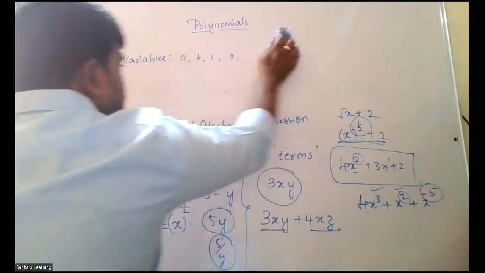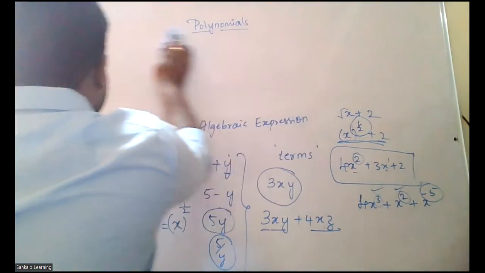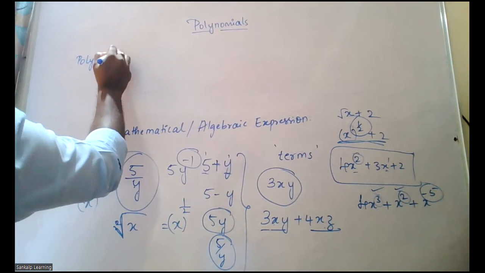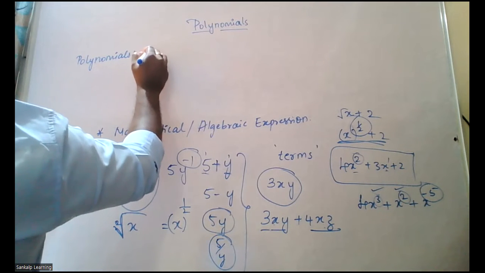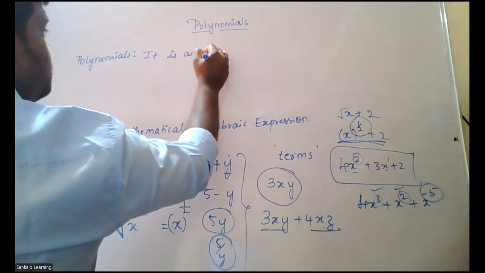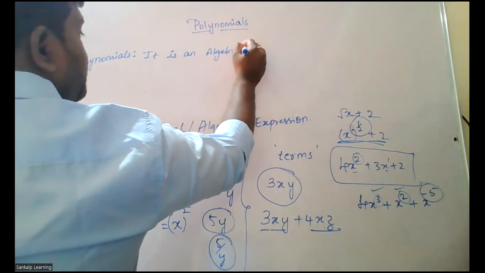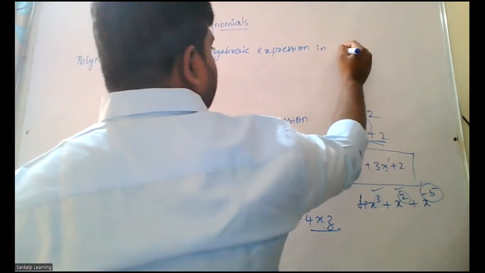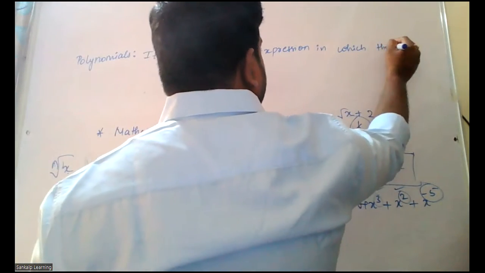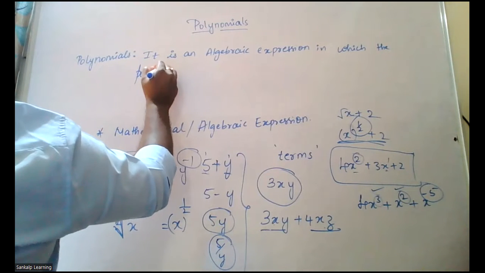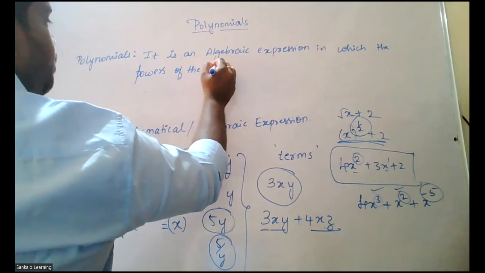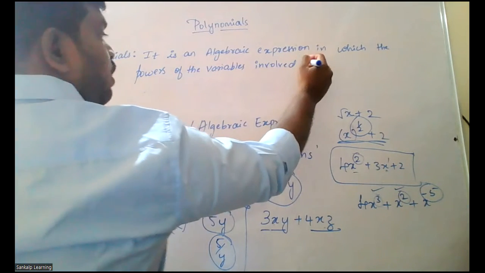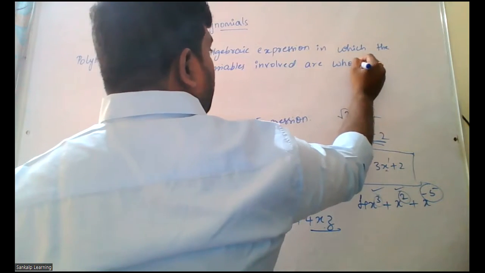So what is a polynomial? A polynomial is an algebraic expression in which the powers of the variables involved are whole numbers.